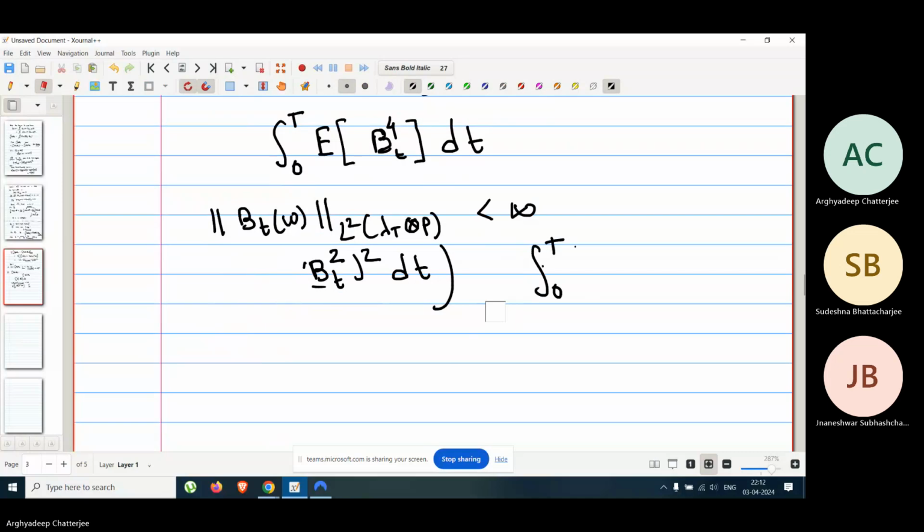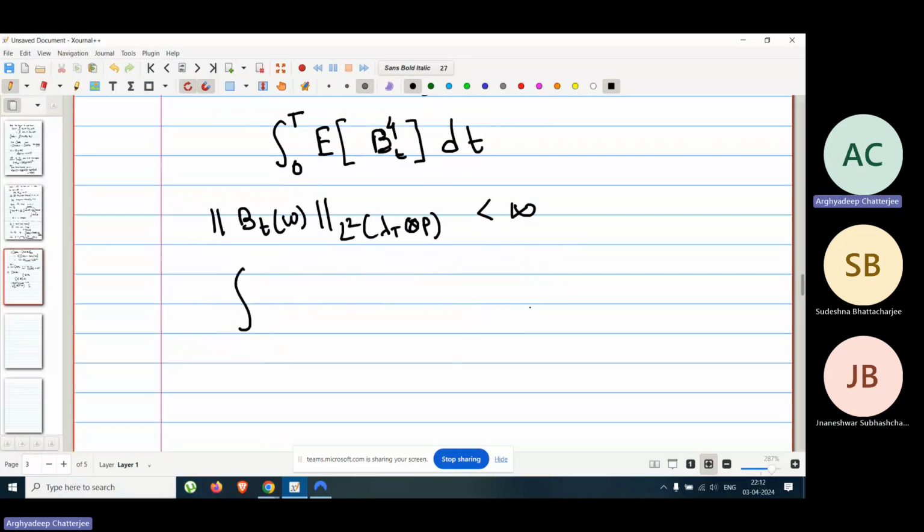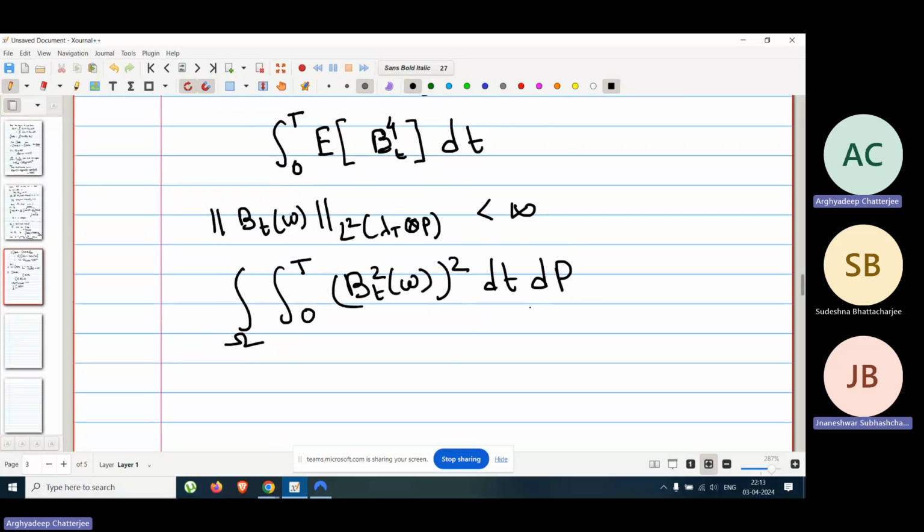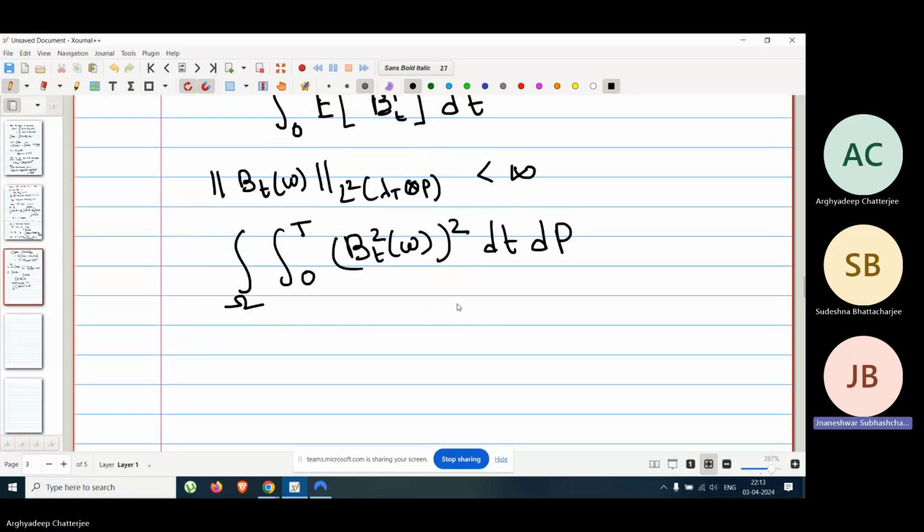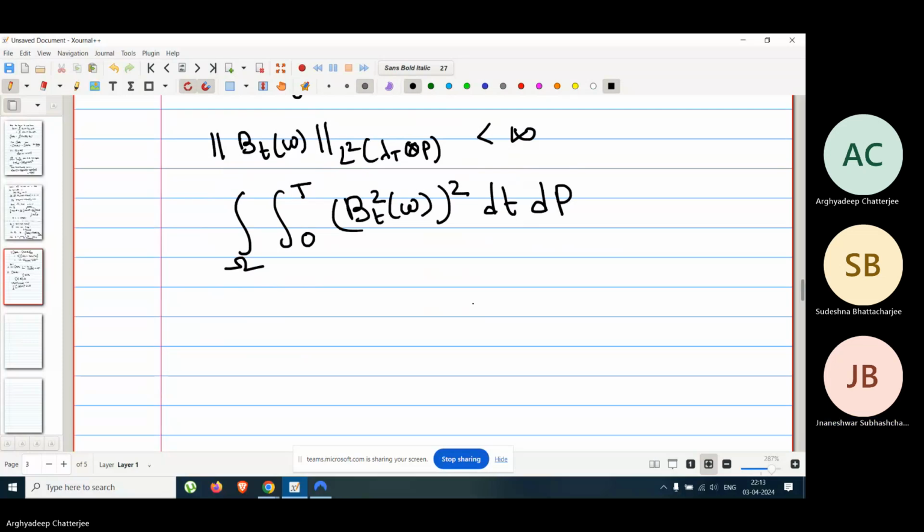I'll write the whole term: the integral over omega, the integral over t of B_t squared of omega, whole squared, dt dP. The inner thing is actually the expectation of B_t to the power 4.